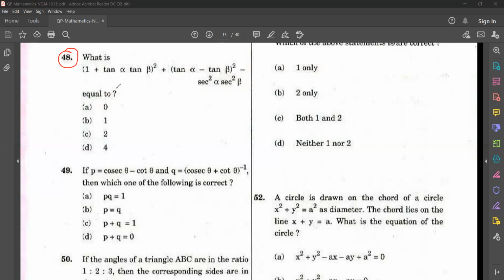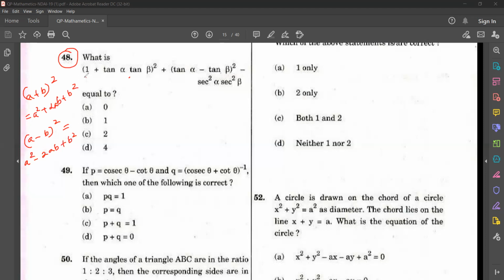Have you got the answer? See, there is a plus b the whole square over here, (1 plus tan alpha tan beta) the whole square. We can apply a plus b the whole square, that is a square plus 2ab plus b square. Now here I have a minus b the whole square, that is a square minus 2ab plus b square.